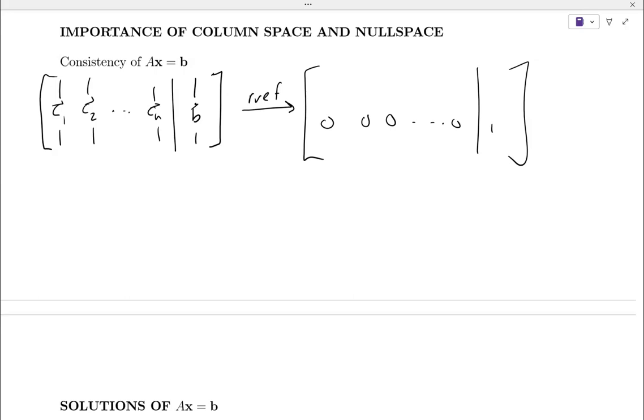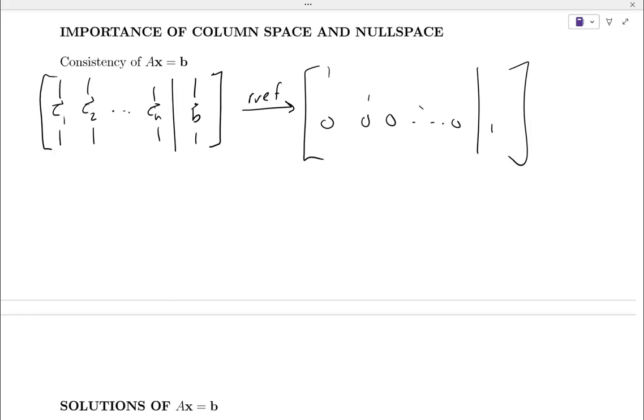We agree? Okay. Notice that if you do your reduced row echelon form, you should also see some pivots over there. There are probably some pivots over there, correct? What happened to the rank of the original matrix when we augmented it by the constant vector? Did it stay the same or did it go up?